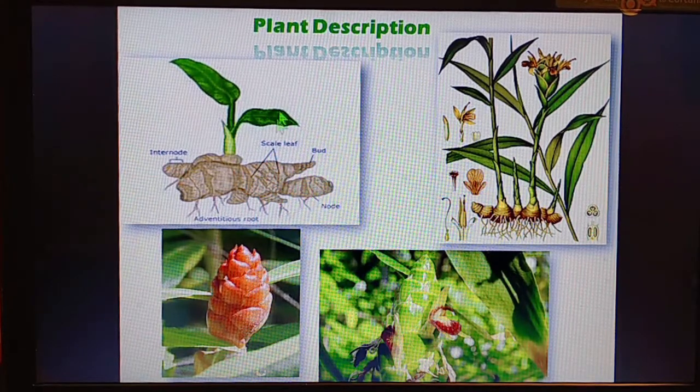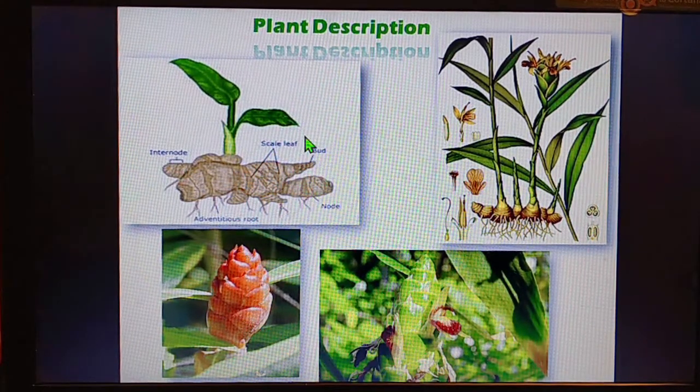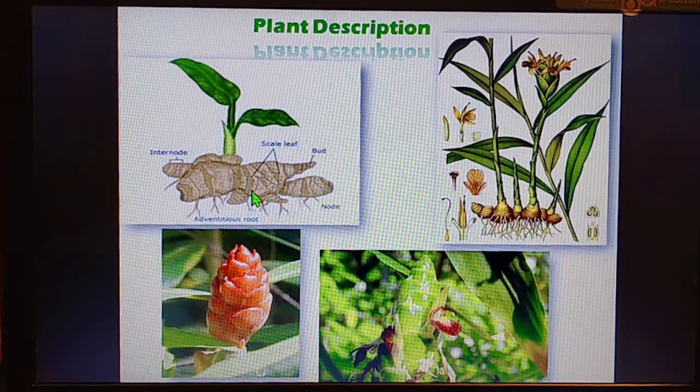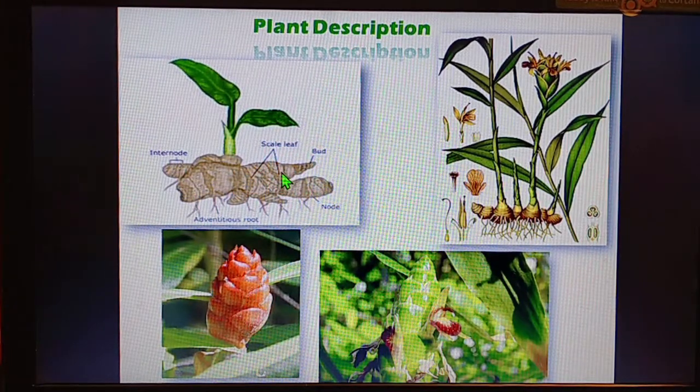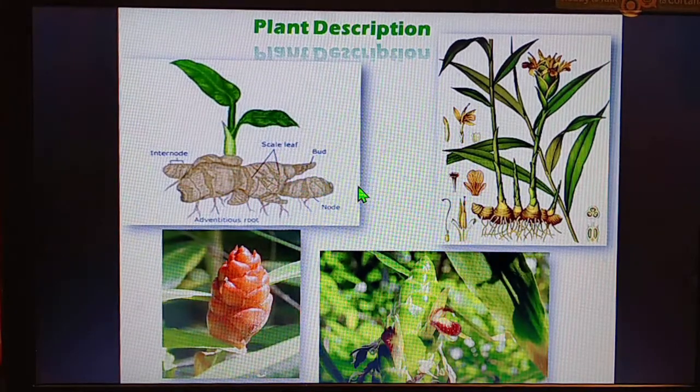With time, these leaves will become dry and die out. So for cultivation, they usually use the part of the ginger which has this bud, so that a new leaf will start to come out from this bud.